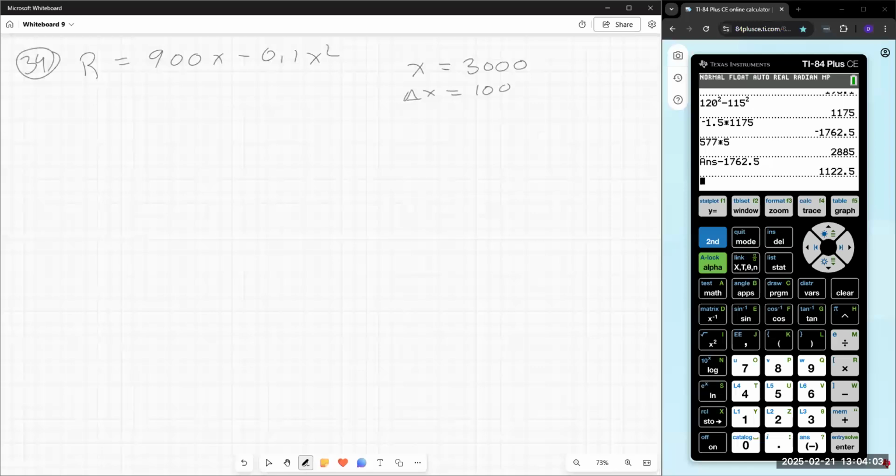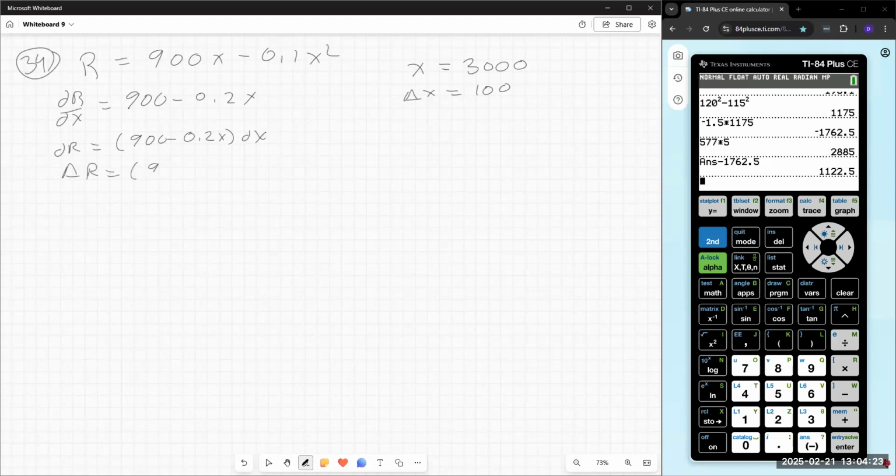That means going from 3,000 units to 3,100 units. So dR/dx is 900 minus 0.2x. dR is exactly 900 minus 0.2x times dx, making delta R equal to 900 minus 0.2x delta x, and that's an approximation.